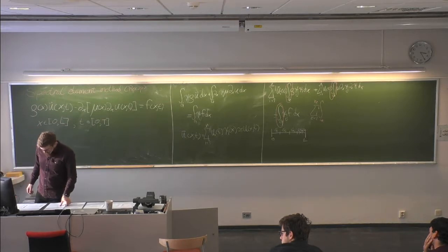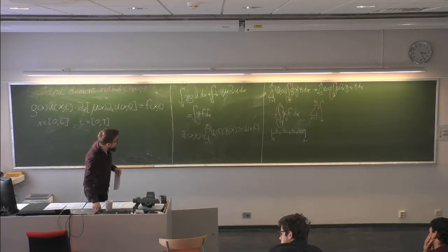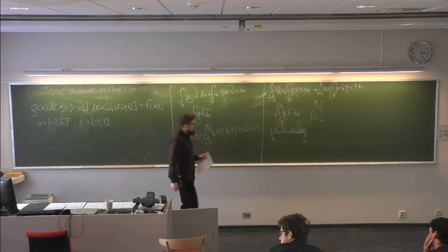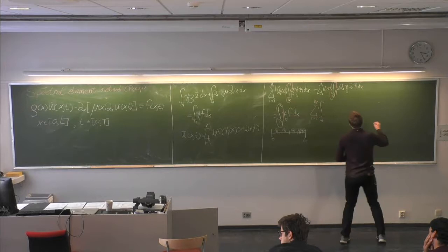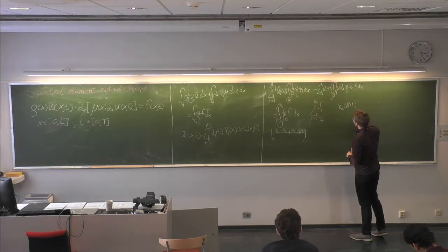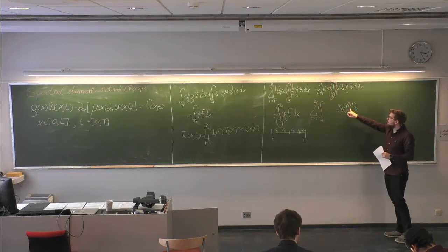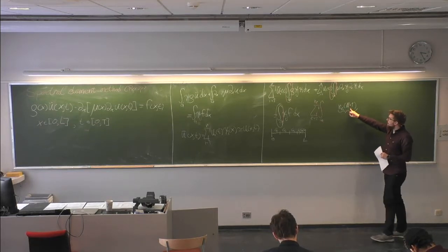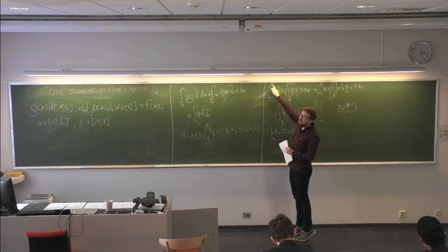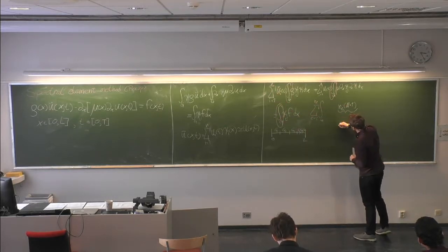So we ended up with E, the number of elements, times n plus 1 basis functions, because we just said that we wanted n plus 1 basis functions. So that's this small n here, the total amount of space.